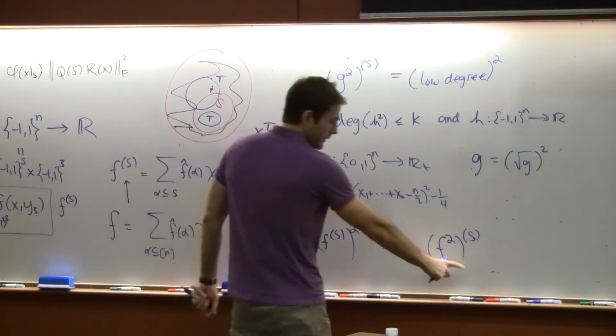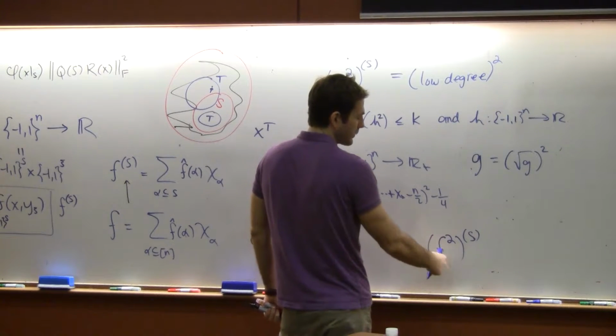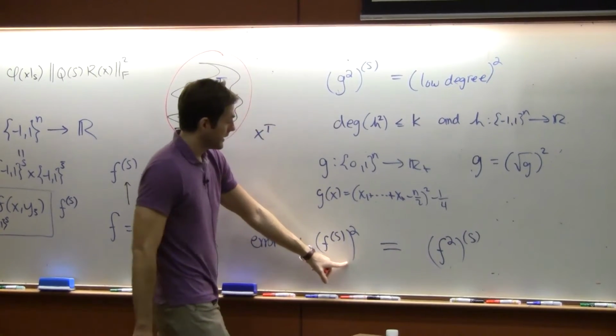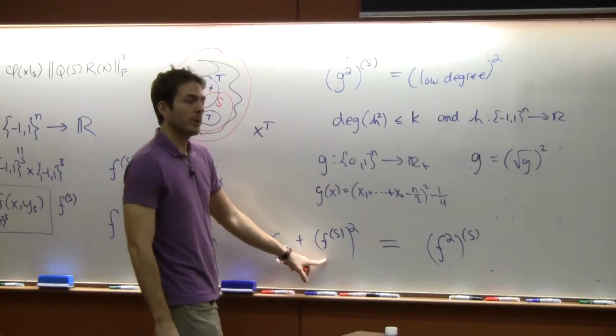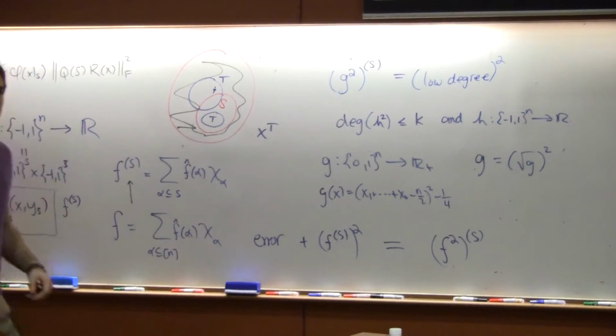So this is what we can do. This is what happens. We average over everything outside S. We take a medium degree square, average outside S. It turns out that this is the square of the low degree part plus some error, and the error is what comes into the denominator.